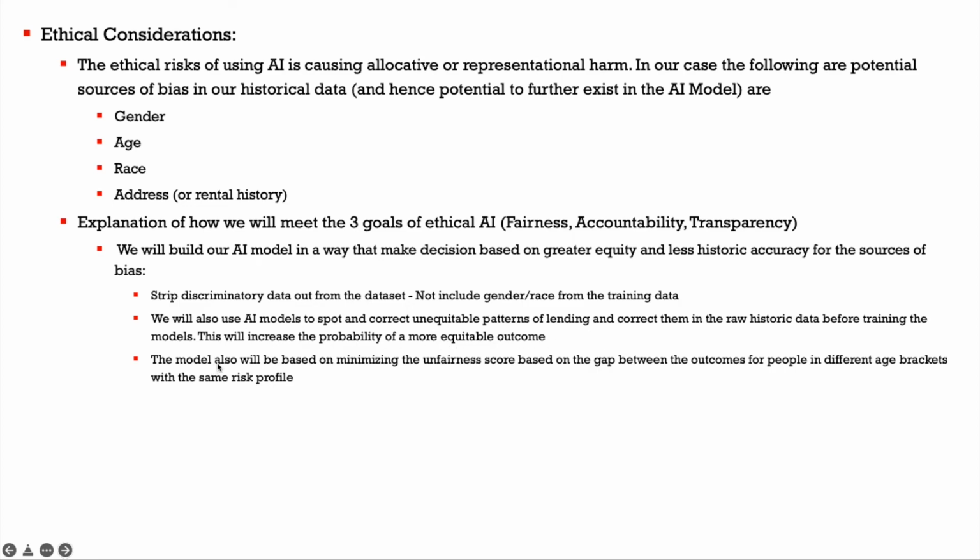In addition to that, the model will also be based on minimizing an unfairness score based on the gap between outcomes for people in different age brackets and with the same risk profile. So these are the ethical considerations and how we are planning to overcome some of them.